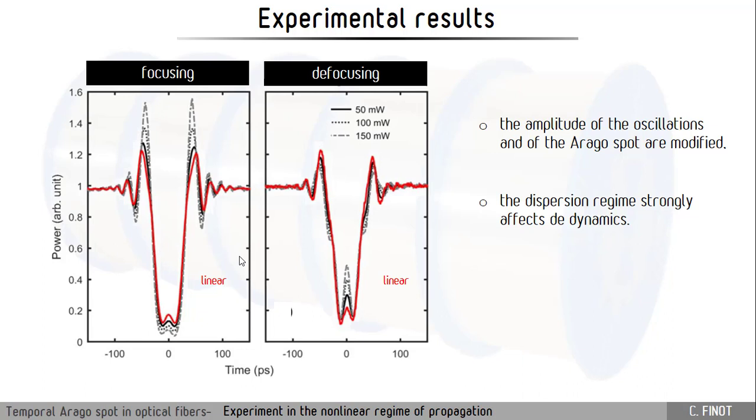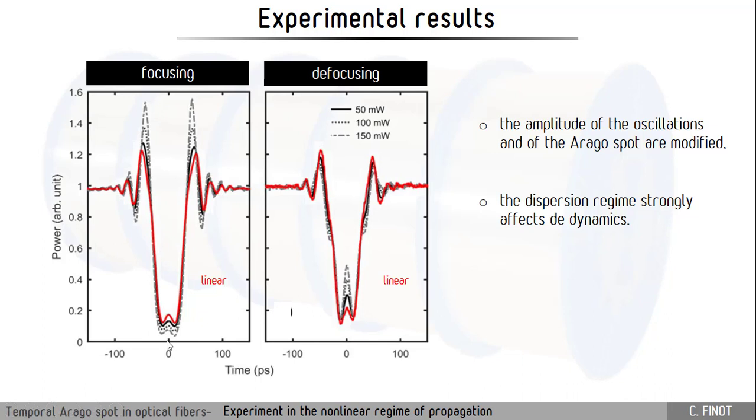What we see, when we compare the propagation in the fiber with low nonlinearity, so in the linear regime, is that the Arago spot, in the case of the focusing nonlinearity, is higher than what we obtain when we increase the power.